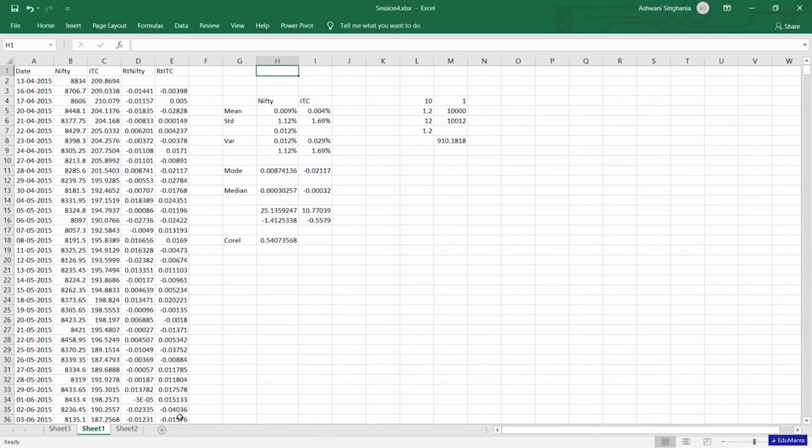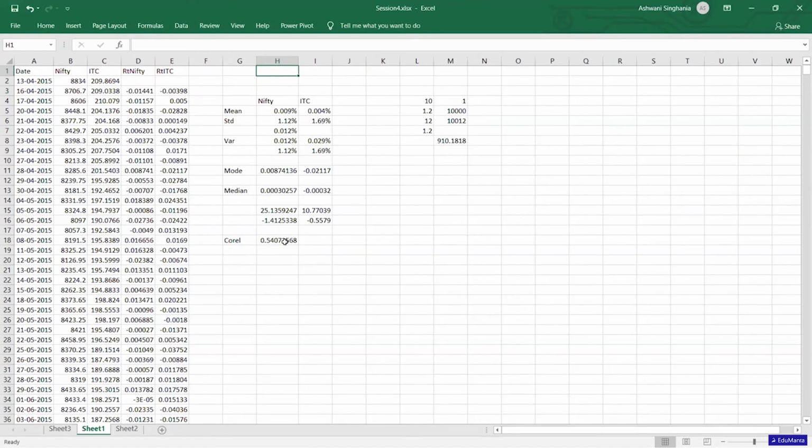If Nifty is giving, say, 10% return, then ITC is also giving positive return. If the correlation of these two were 1, they would be perfectly correlated: if the market return is 10%, ITC will also produce 10%.